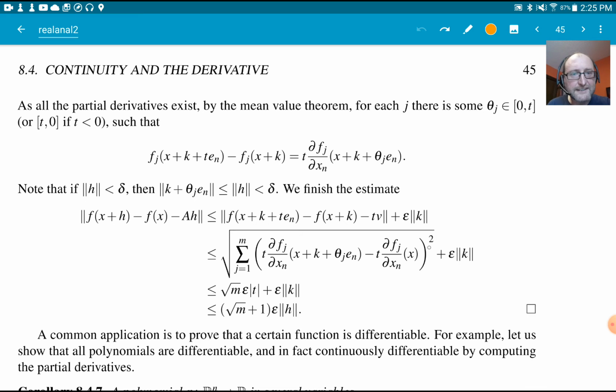The t, I can just move out. I'm going to get an absolute value of t here, because I'm going to get m of these. That's where I'm getting the square root of m. So I'm really looking at this minus this without the t.